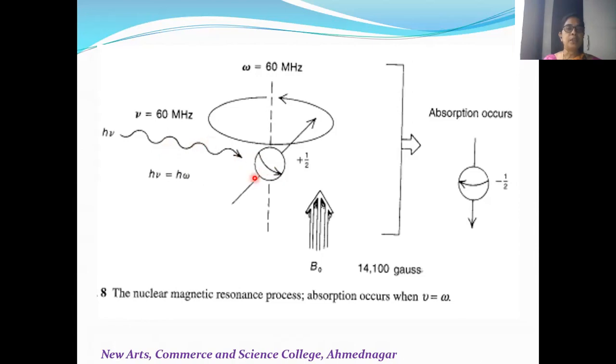It absorbs the energy, or energy is transferred from the radio frequency radiations to the nucleus. The nucleus absorbs the energy and now it goes to the excited state. Immediately it changes its spin direction. Now it is spinning in an anti-clockwise direction and it is a minus half spin orientation. That is, it is a beta spin state. So this is how the absorption of the radiation takes place, or the process of nuclear magnetic resonance occurs.